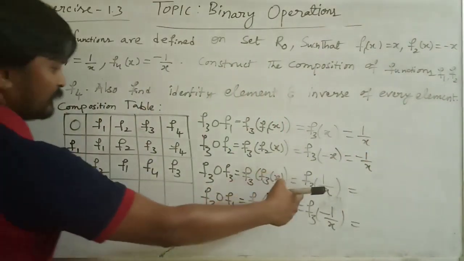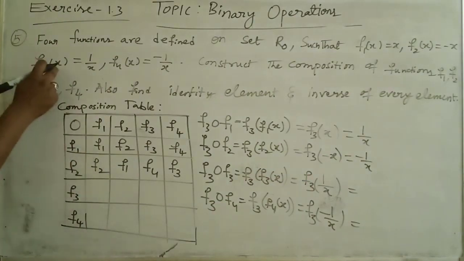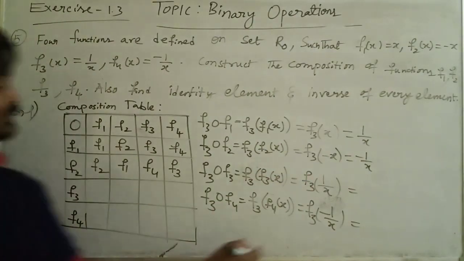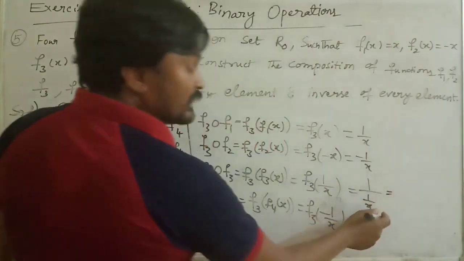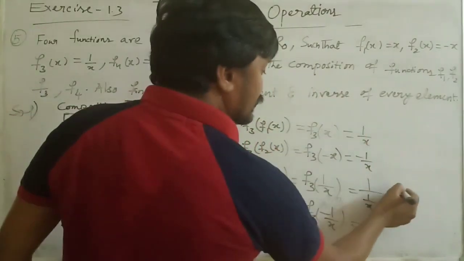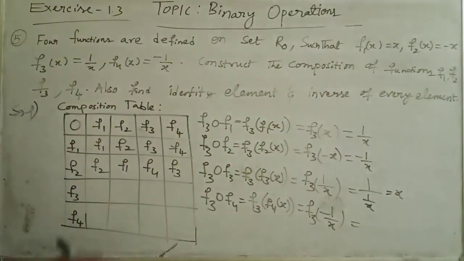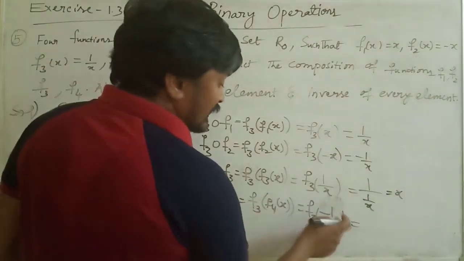Then f3 of 1 upon x. So wherever x is there, substitute 1 upon x. So 1 upon 1 upon x, the denominator goes to the numerator, so you get the answer as x. Then next one, f3 of minus 1 upon x. Wherever x is there, substitute minus 1 upon x.